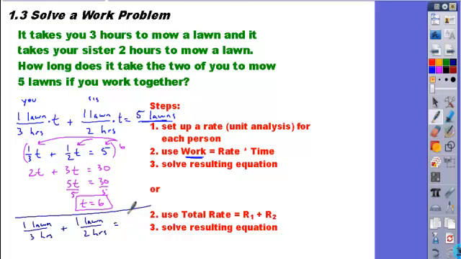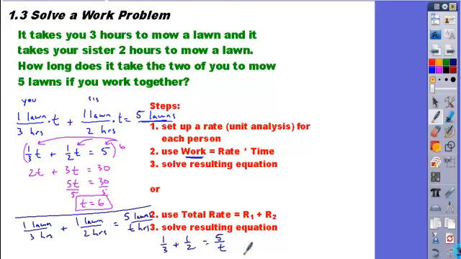The total rate was 5 lawns in how many hours? Unknown, right? So that's where our variable goes, t hours. So this is the equation that you would get if you're setting it up this way, which is what I'd recommend: 1/3 plus 1/2 equals 5 over t.